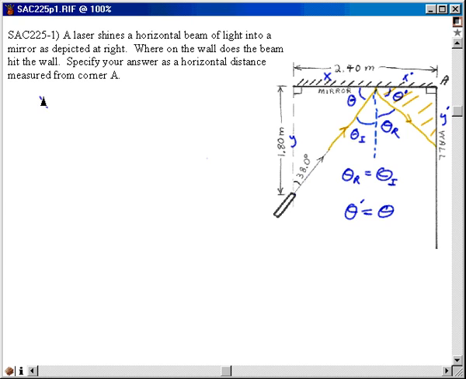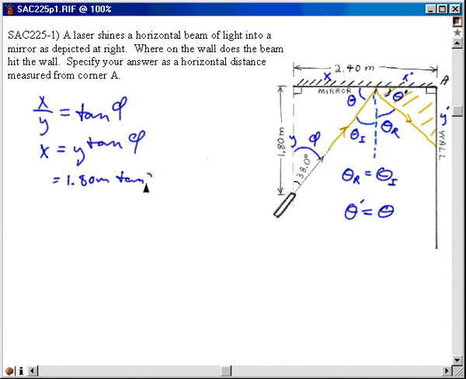I'll say x to start with over the known value of y is, with respect to this angle, which I think I'll call phi, the opposite over the adjacent, so that's the tangent of phi, and therefore x is equal to y tangent of phi, which is equal to 1.80 meters times the tangent of 38.0 degrees, and that yields 1.406 meters.